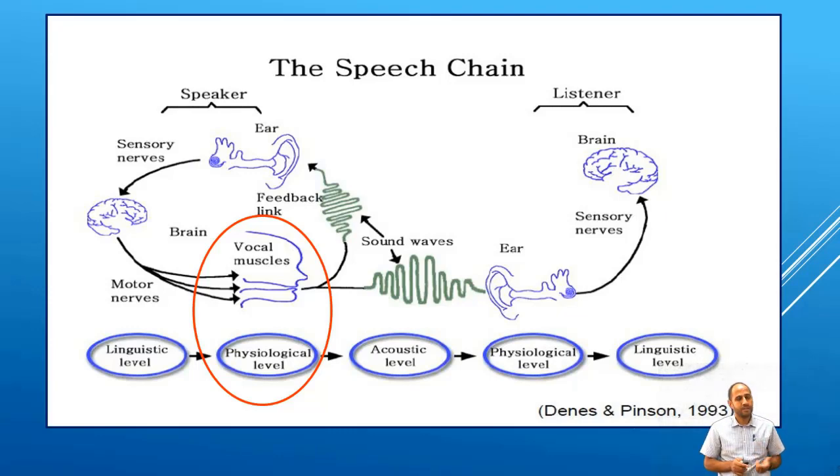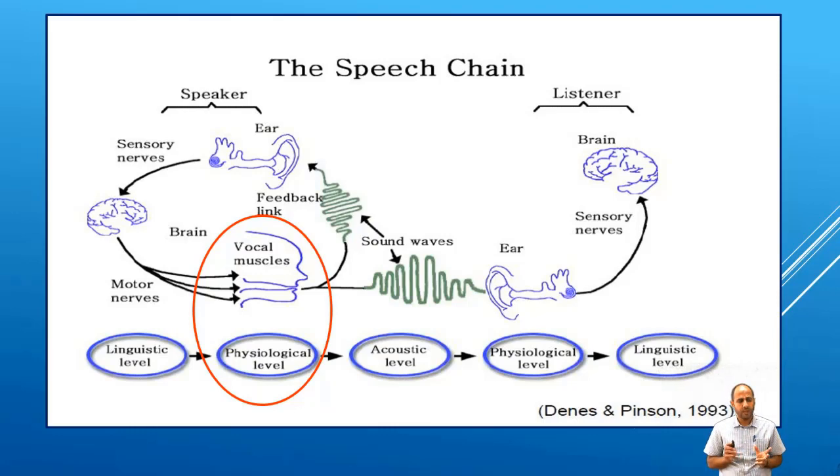Then, once the sound is produced, it goes through a channel, which is the media. The air will be the channel that transmits the sound from mouths of speakers to ears of listeners. And we call this the acoustic level or acoustic phonetics, which we'll talk about later.